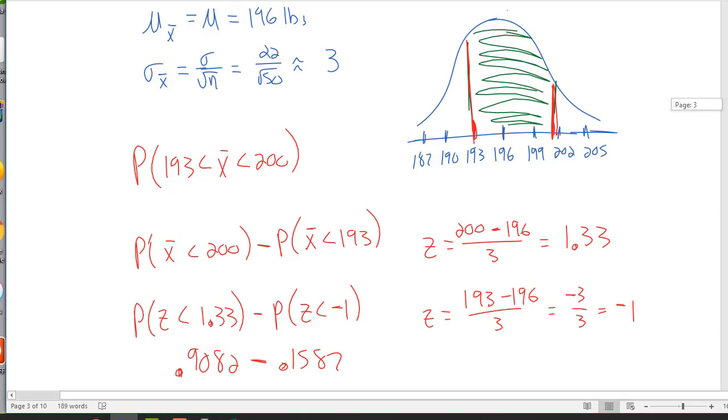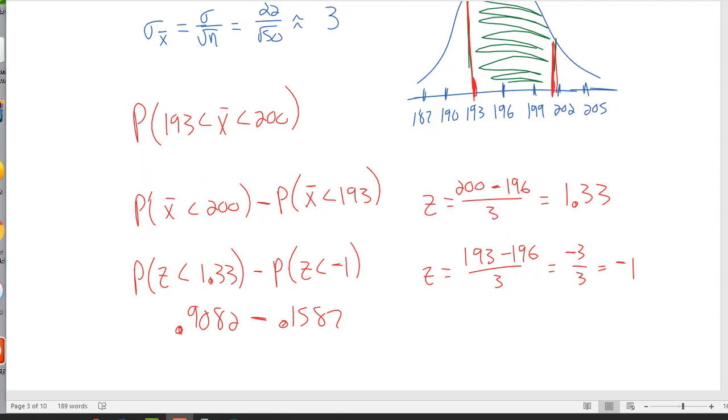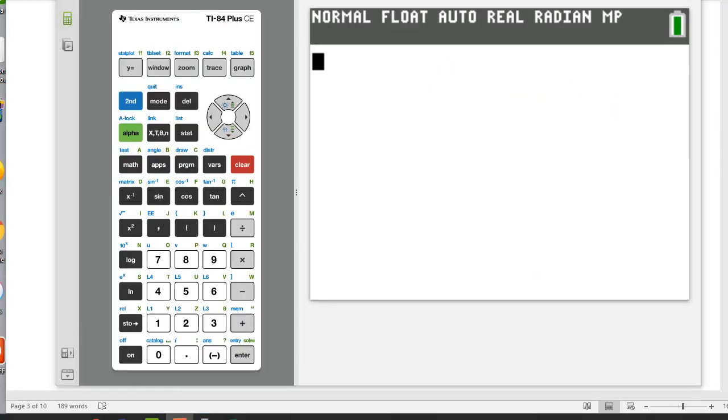So the overall probability, subtracting those values, I get 0.7495. So again, my interpretation is taking a sample of 50, the probability my sample mean lies between 193 and 200 is going to be 0.7495.